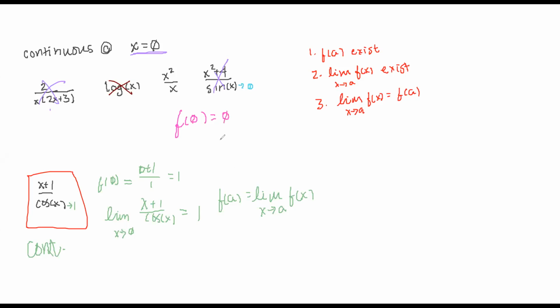So f of 0 would be 0, and the limit as x approaches 0 should also be 0, which is what I don't get.